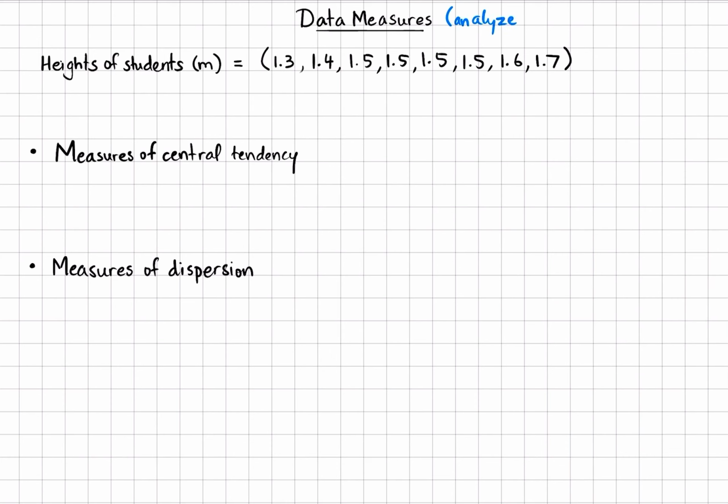So whenever we look at a data set, as in a group of pieces of information that are about the same subject or the same thing, sometimes the data sets can be really big. Think, for example, of the age of people in a country.